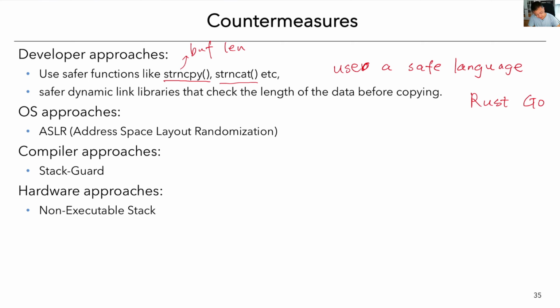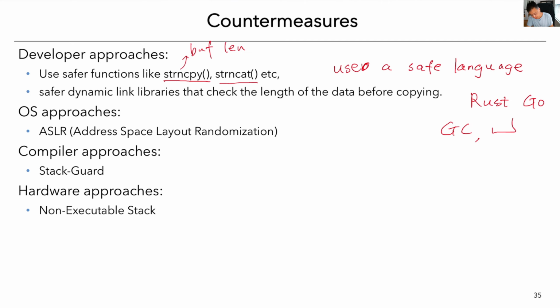For example, most of them have garbage collection, so you don't have to allocate or free your memory by yourself. They also add a runtime check to make sure the buffer will not overflow. So try to use a safe language if you are going to start a new project.